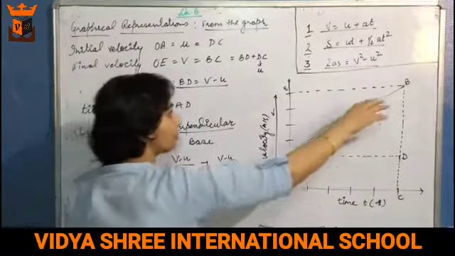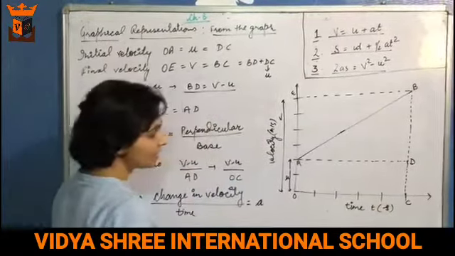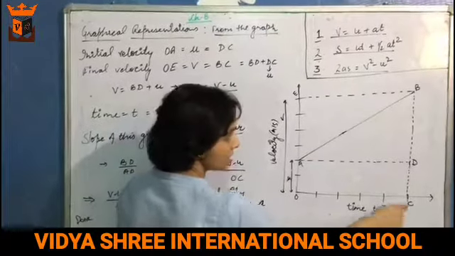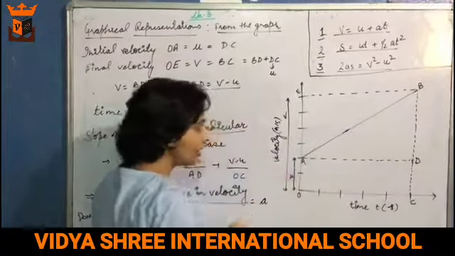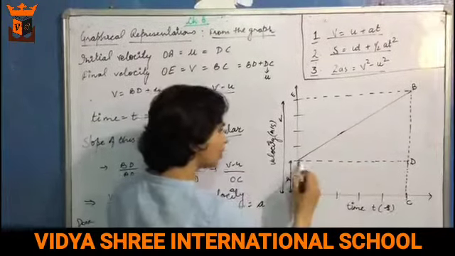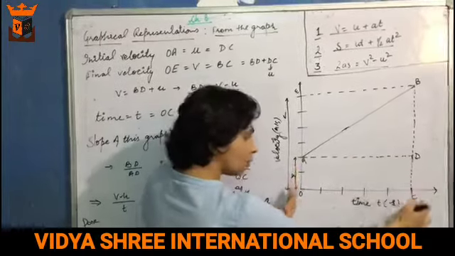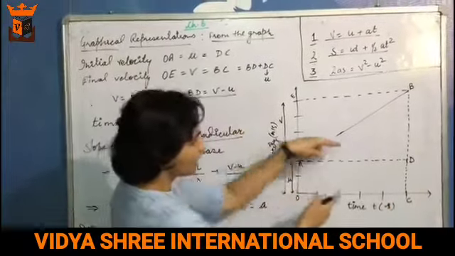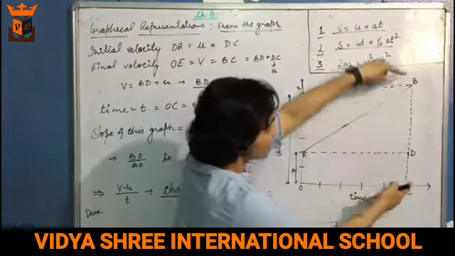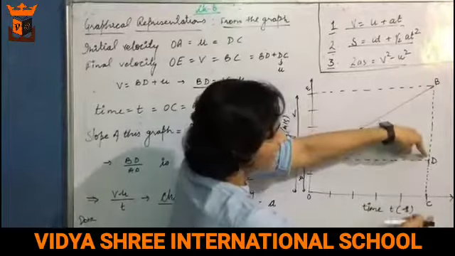If you draw a perpendicular from B to the x-axis, it will meet it at C. So BC is a perpendicular and we are extrapolating this AD, which is parallel to OC and equal to OC. Here OA is equal to CD. So BC consists of BD and DC.